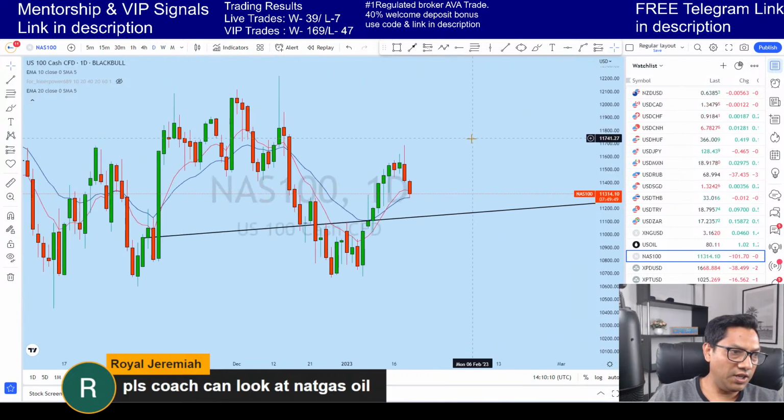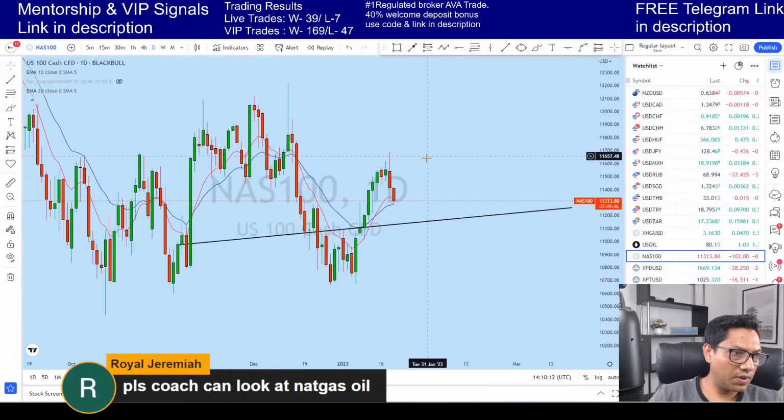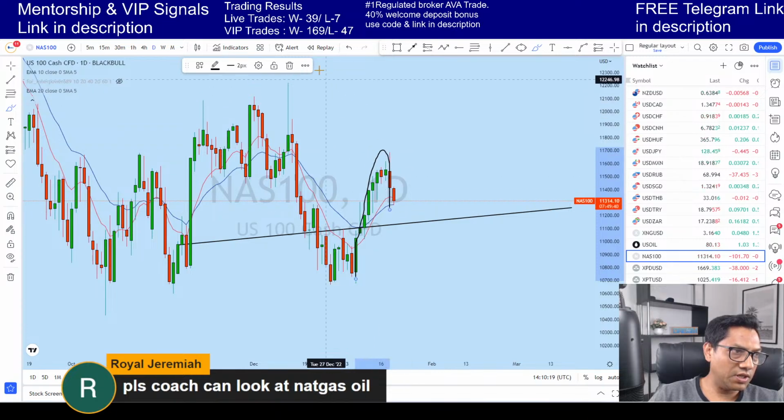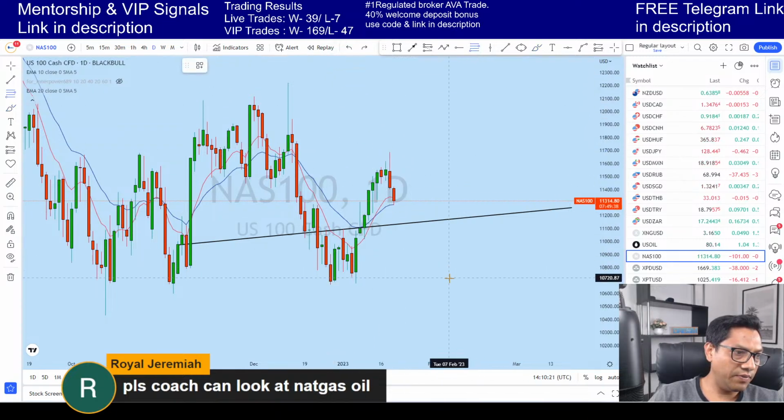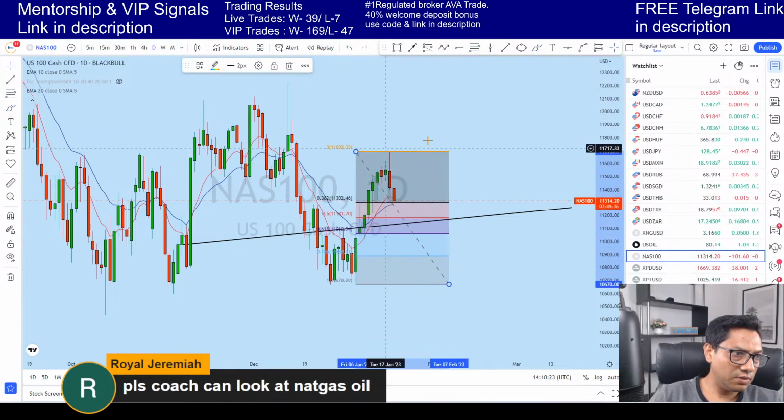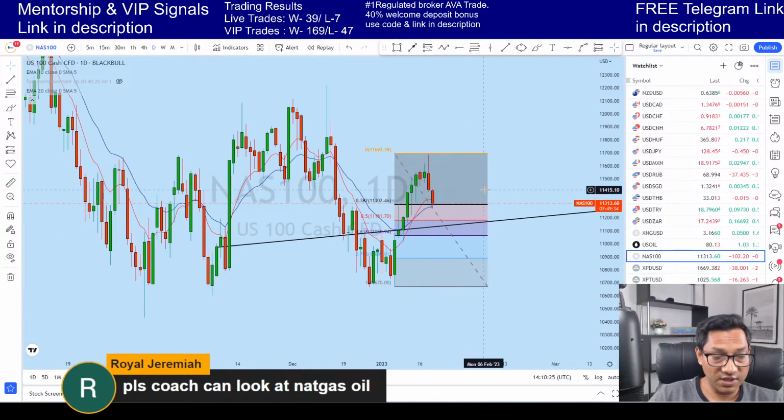So from the daily perspective, there is an impulse on the daily. Now it is in correction. So let's place the Fibonacci levels to see. The price is exactly at 38.2%. There is another one at 50%. The last level is at 61.8%.